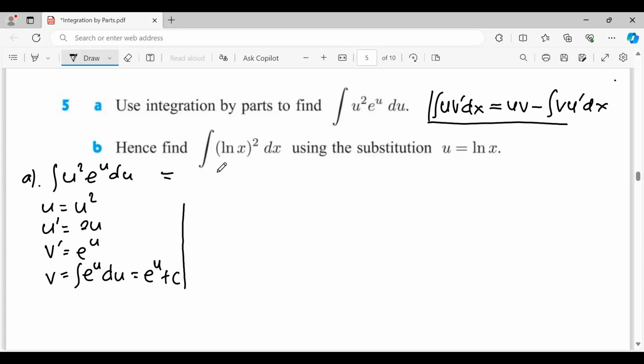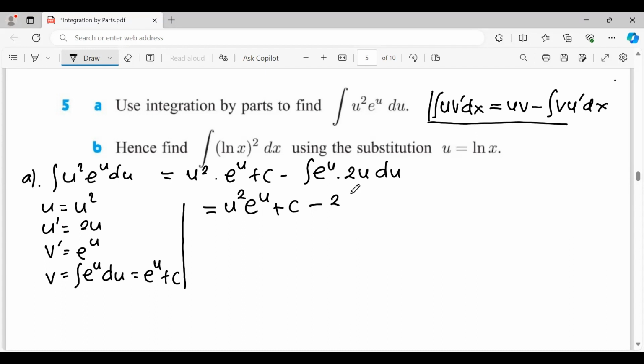So u times v, u is u squared, times v, e power u, plus c, minus the integral of e power u times the derivative of u, 2u du, equals u squared e power u plus c, minus 2 times the integral of e power u times u du.